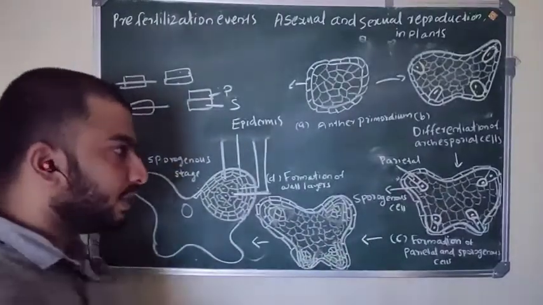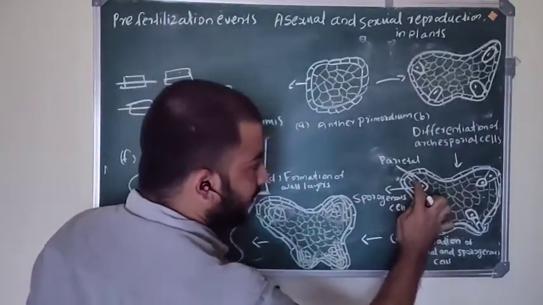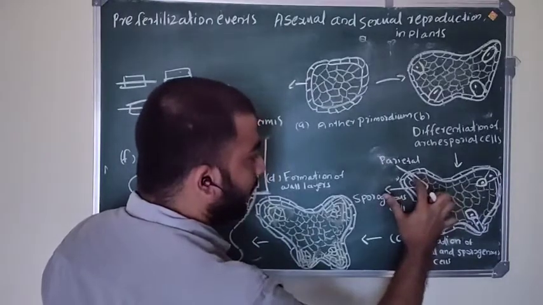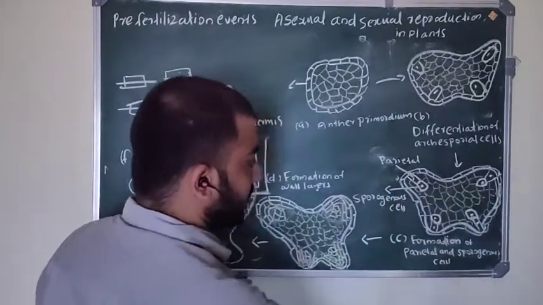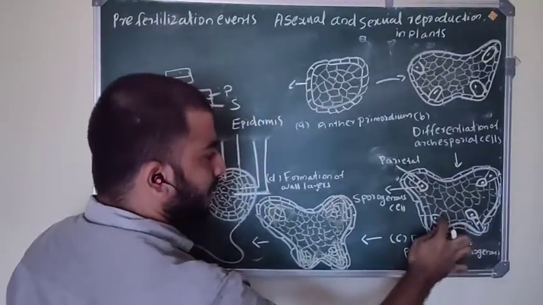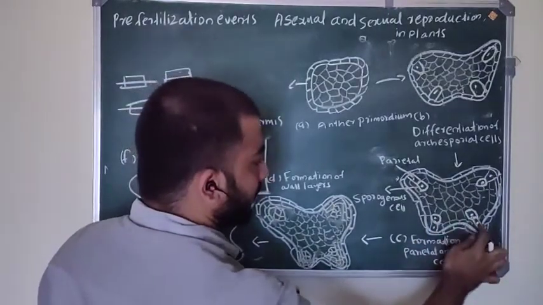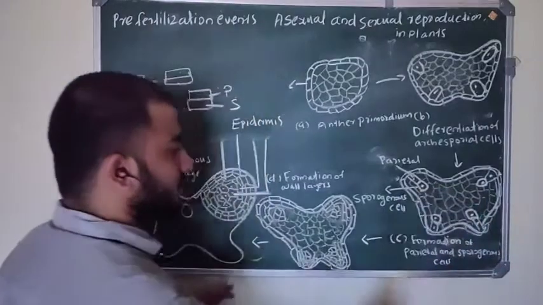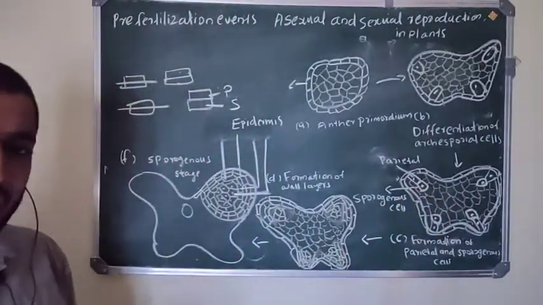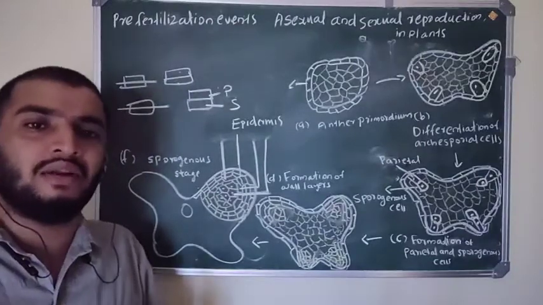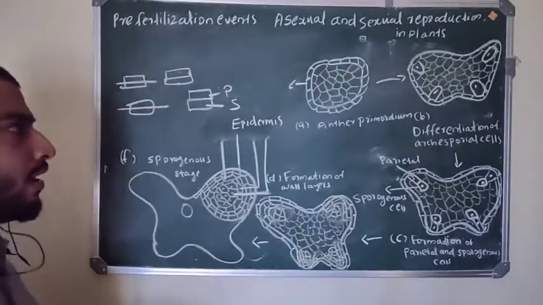You can see here in this lobe, parietal cell and sporogenous cell, and the same here in the other lobes. This parietal cell undergoes anticlinal division and periclinal division again.